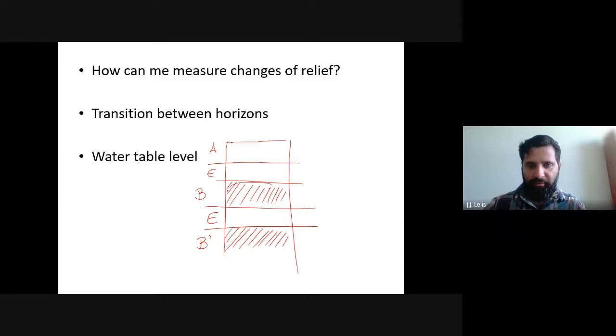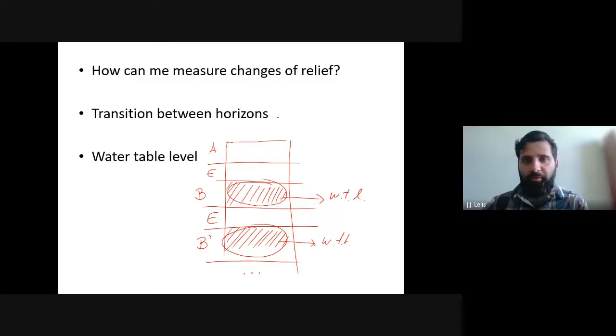I could date this horizon and I could date this horizon too, and I can measure. I know when the water table level was here in the past, and in the second condition, and maybe I can measure other spodic horizons in the subsurface in deeper conditions and ages that are closer to the modern age.